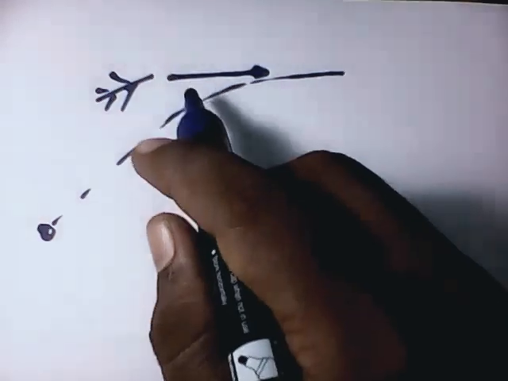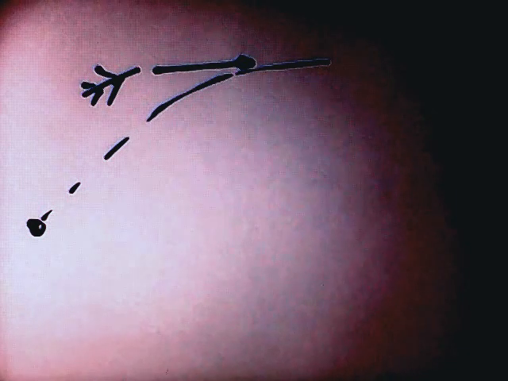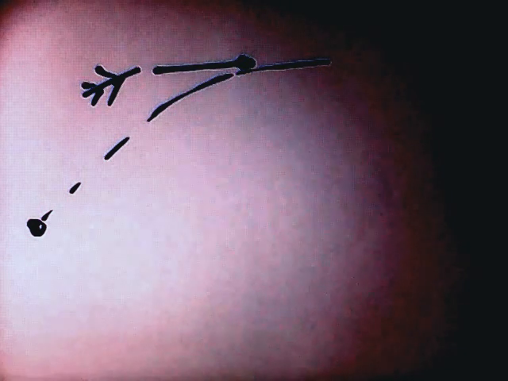So one thing is that the horizontal displacement of the plane should be equal to the horizontal displacement of the shell with the muzzle.